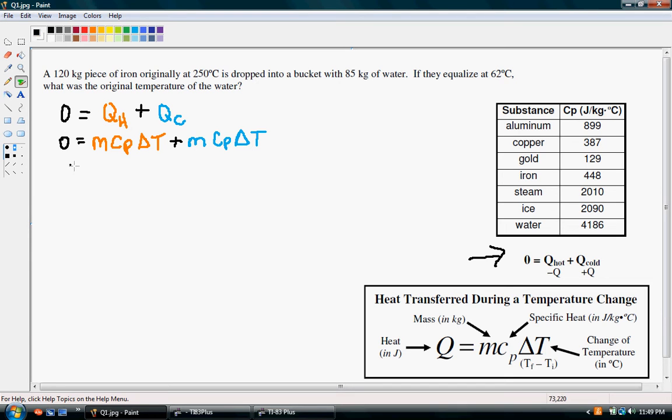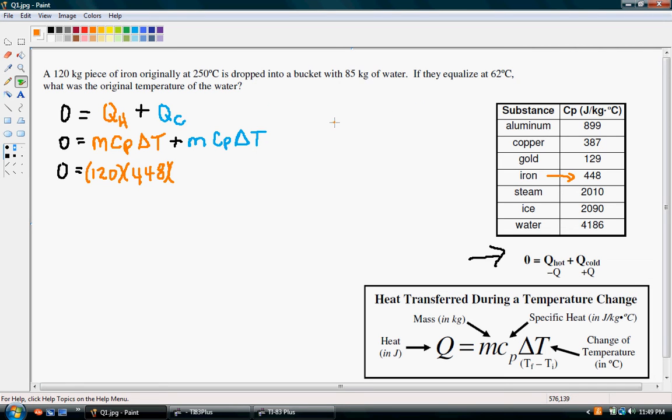Alright, so let's further elaborate. 0 equals the mass of the iron, which is 120 kilograms. Then we go over here and find the specific heat of iron. It is 448. And then our temperature change, final minus initial.